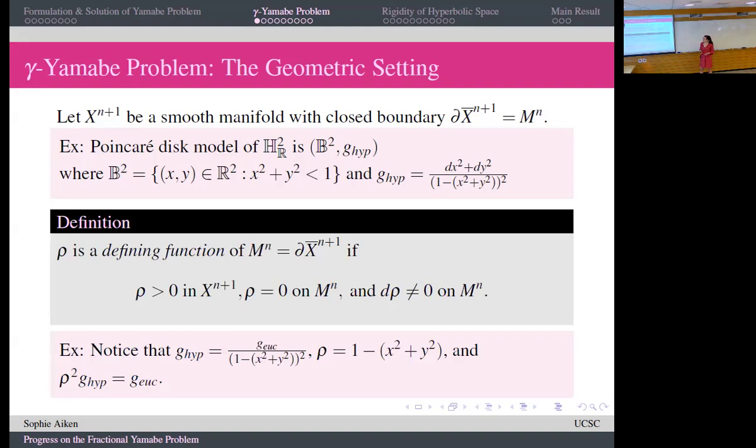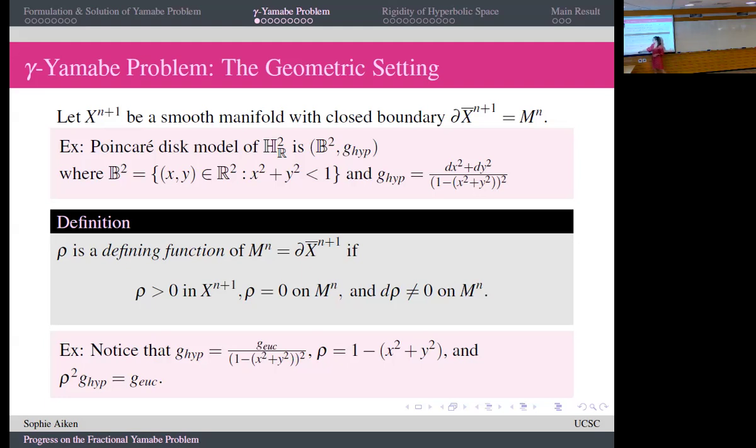And now we'll define rho as being a defining function of the boundary if rho is strictly positive on the interior and exactly equal to 0 on the boundary, and the differential is non-zero on the boundary. So it's called a defining function because this level set where rho is equal to 0 exactly defines our boundary M. Okay, and now we can pick out a defining function in our definition of the hyperbolic metric by seeing that the hyperbolic metric is exactly your Euclidean metric divided by some squared function.